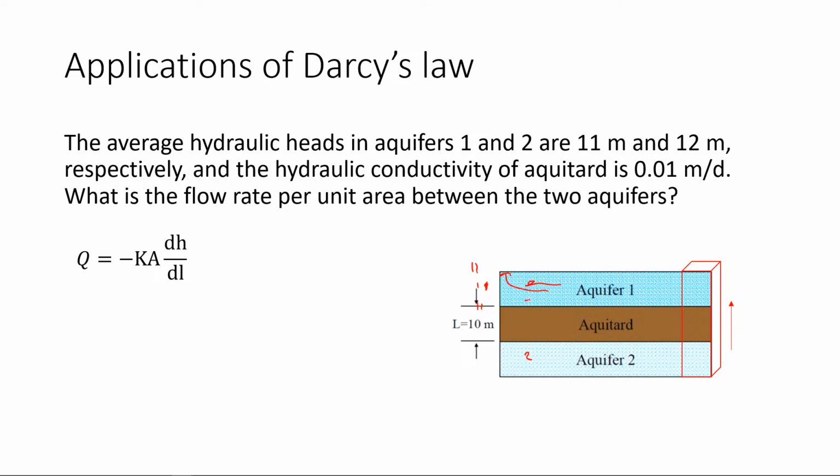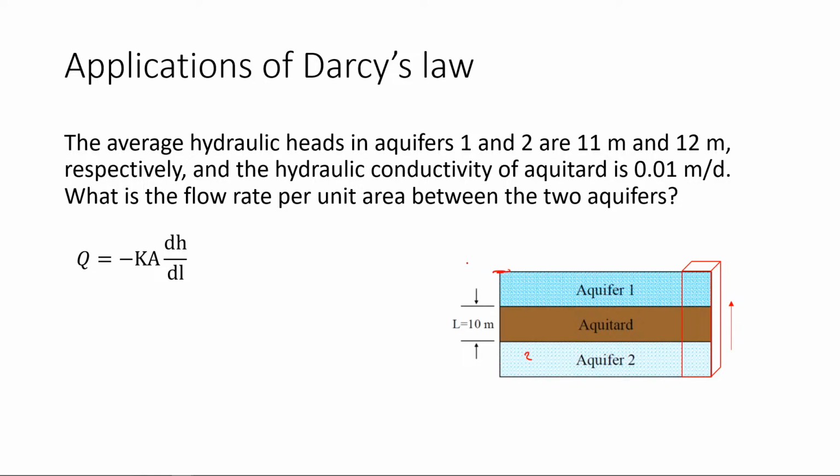It will start to flow maybe like this, and in that case the head will not be constant vertically. For example, if the water goes from up to down, then the head here should be higher than the head here. But for most cases, we assume horizontal groundwater flow.